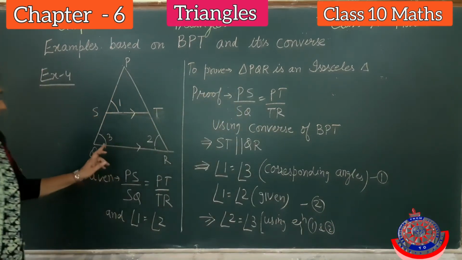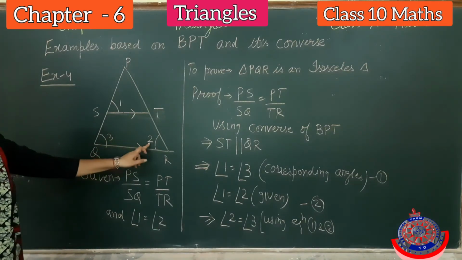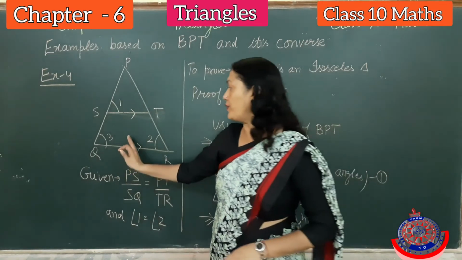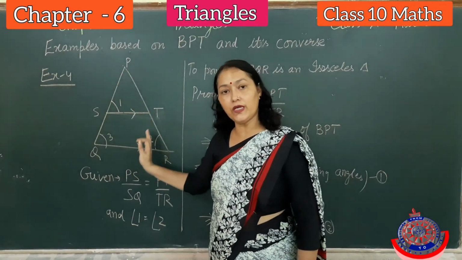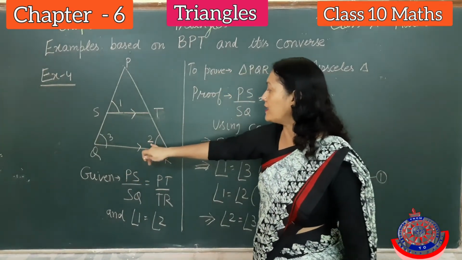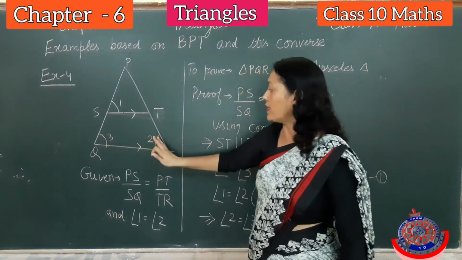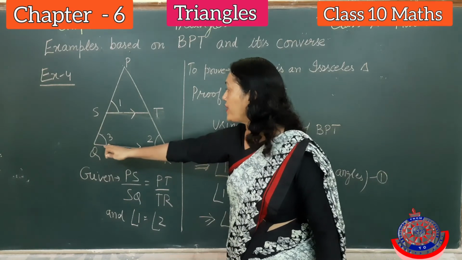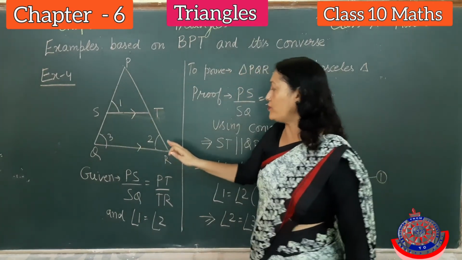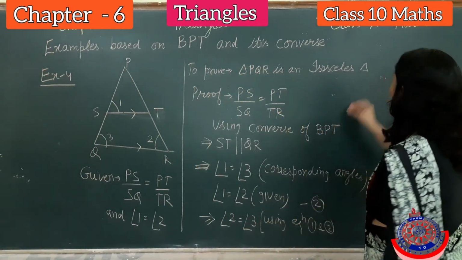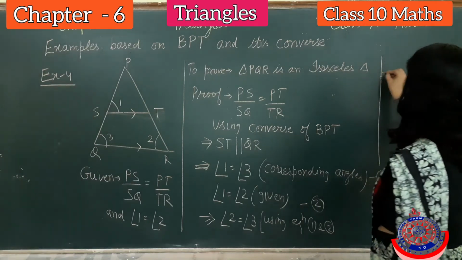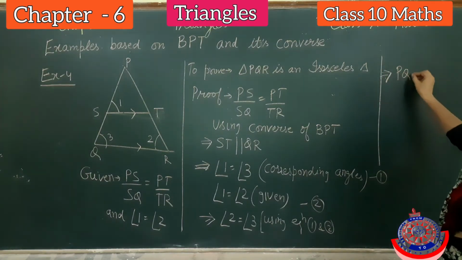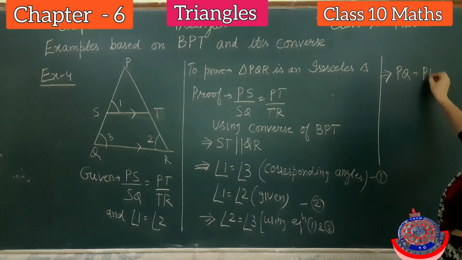Now in any triangle, if two angles are equal, we know that if angles are equal, then opposite sides are also equal. So if we have proved that angle 2 and angle 3 are equal, then opposite to angle 2 is side PQ and opposite to angle 3 is side PR. So angle 2 equals angle 3 implies PQ equals PR.